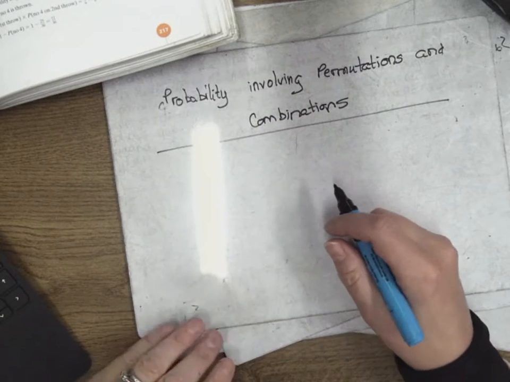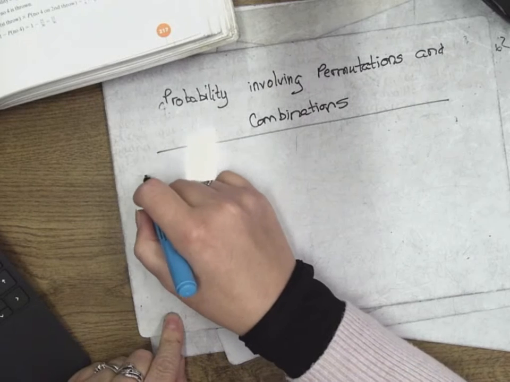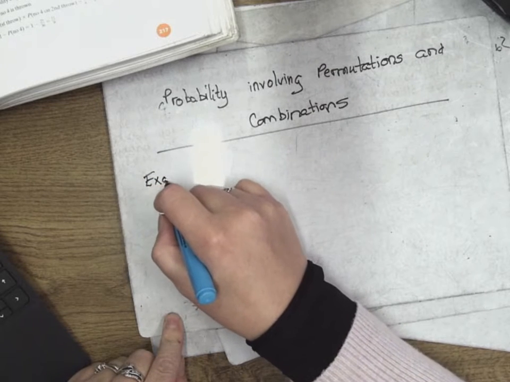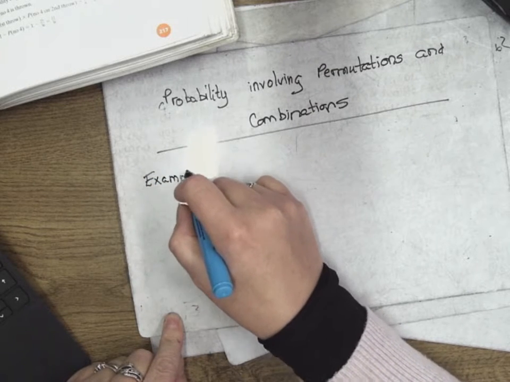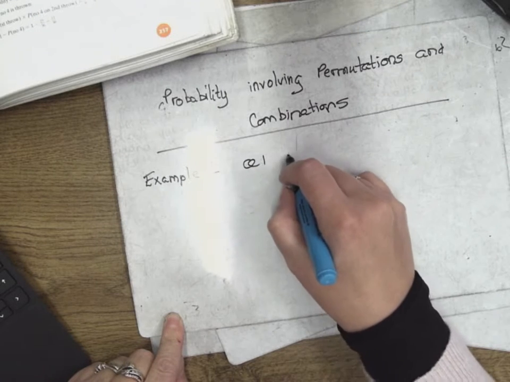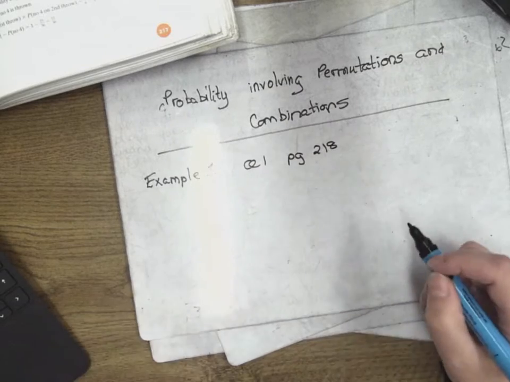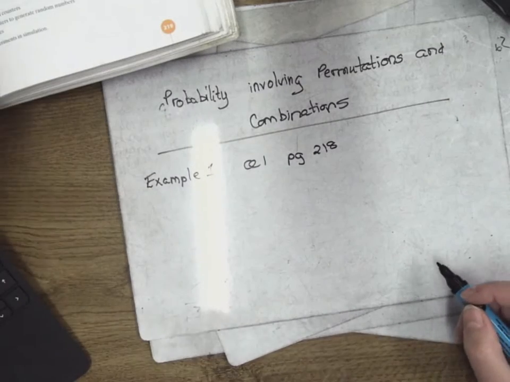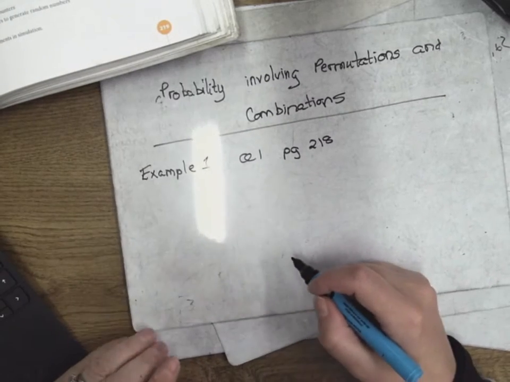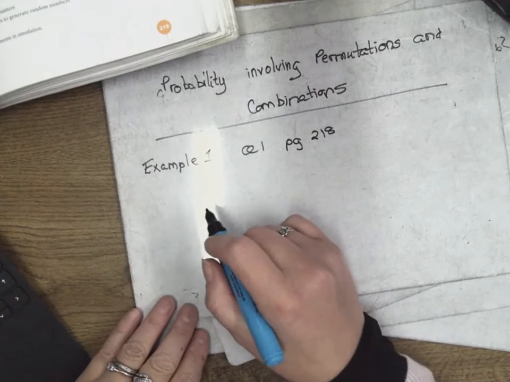So I'm just going to go straight to an example. Example 1 is going to be question 1 on page 218. Question 1 says, a hand of 4 cards is dealt at random from a normal pack of 52.